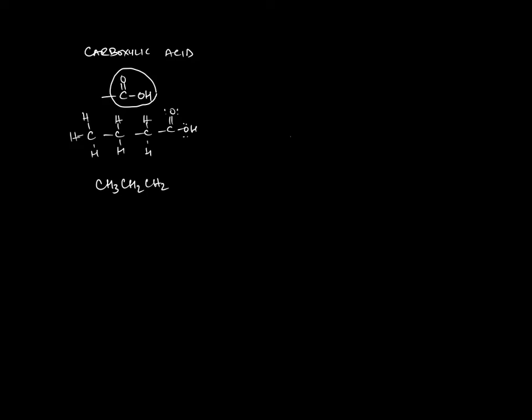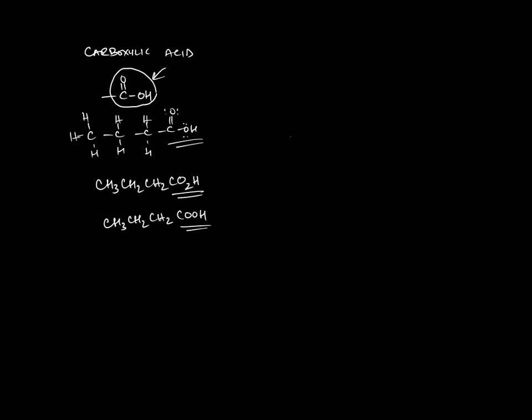And then the way that this carboxylic acid part is written in a condensed formula is either as CO2H, so this means a carboxylic acid, or there's a second way to do this. Sometimes it's written as COOH. Both of those are perfectly fine, and they both tell us that we have a carboxylic acid there.